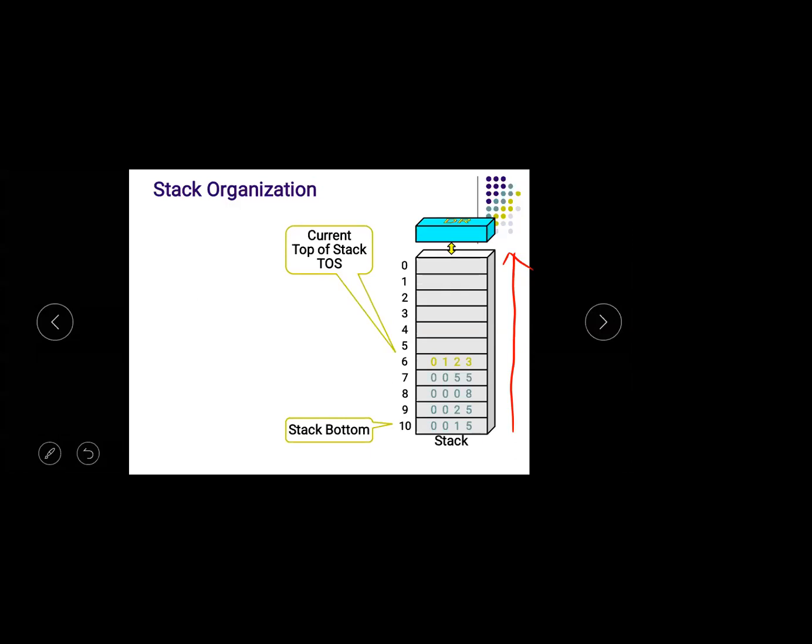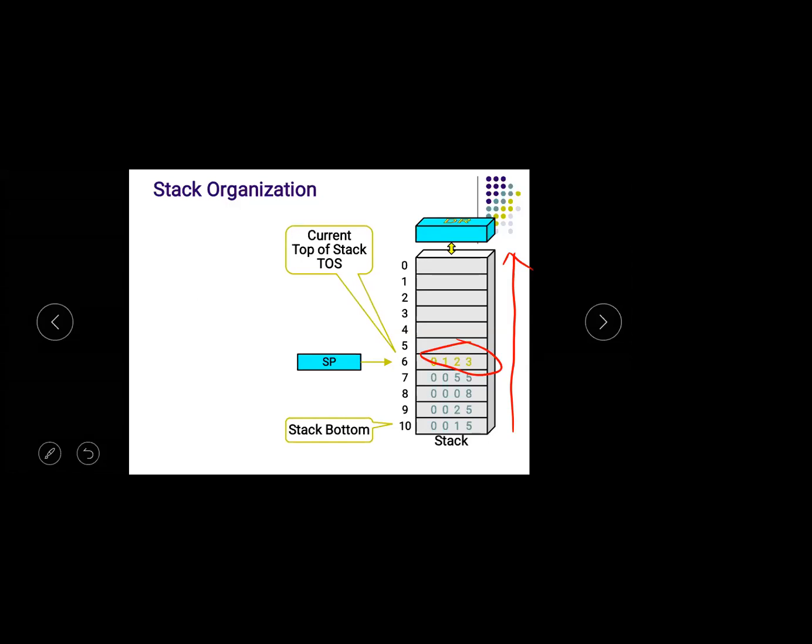Among the inserted items, which one is the top? Here, 0, 1, 2, 3 is now the top. That's why it is currently the top of the stack. The stack pointer is the register which shows the address of the top of the stack.